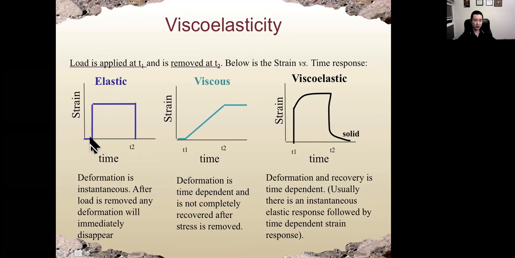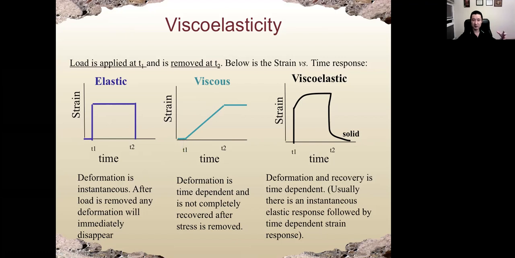For elastic materials, at t1 we apply the load, so we can see the deformation is instantaneous. After the load is removed at t2, the recovery is also immediate. For viscous materials such as honey, at T1 we apply the load.